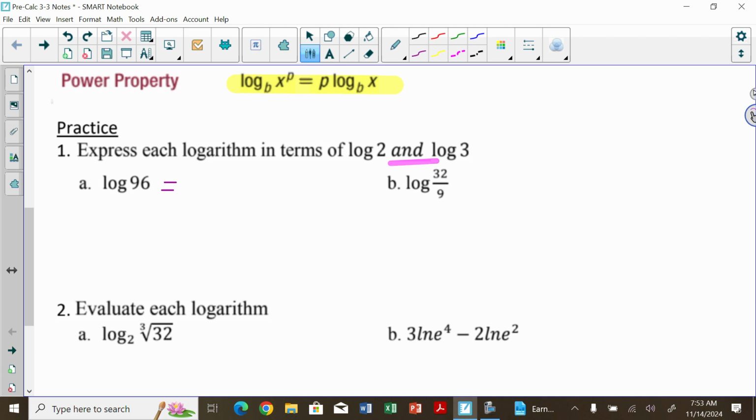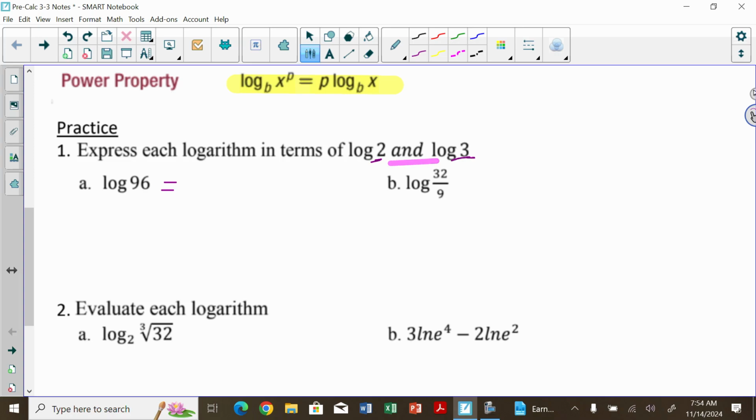You might have to do some guess and check here, but if you take 96 and divide it by 3, that's what I would start with, divide it by one of them, because then if you get a power of the other one, you're in business.